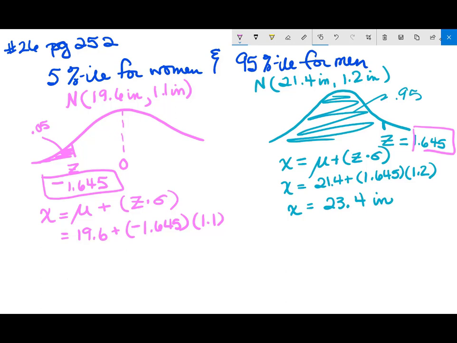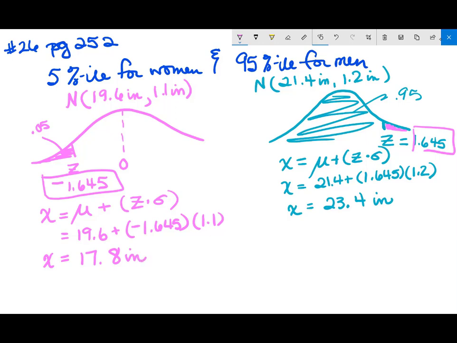If there's 5% down in this tail when it's a standard normal curve, that z-score will be the opposite sign of one where there's 5% in the upper tail. But our values are going to be different because we're looking at a different distribution. So let's go ahead and do this math. And our knee height is going to be 17.8 inches.